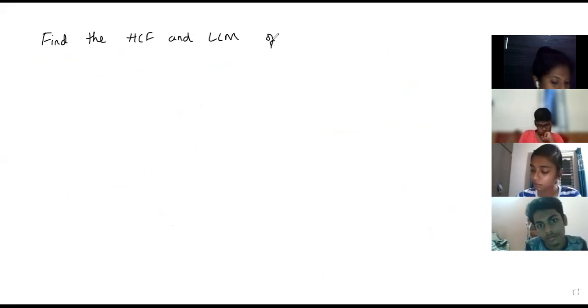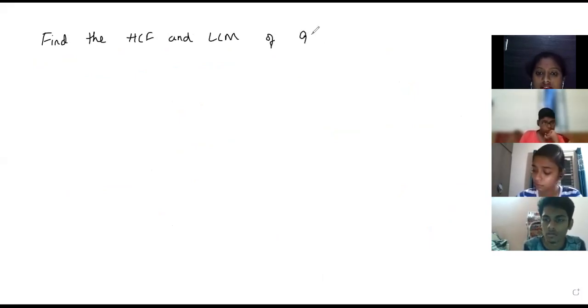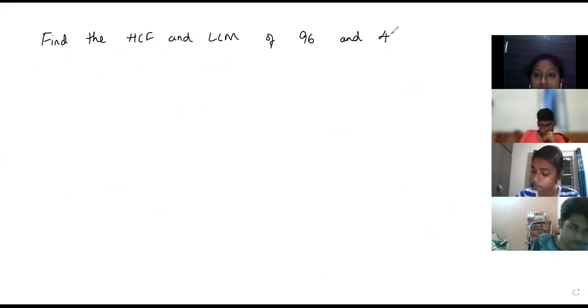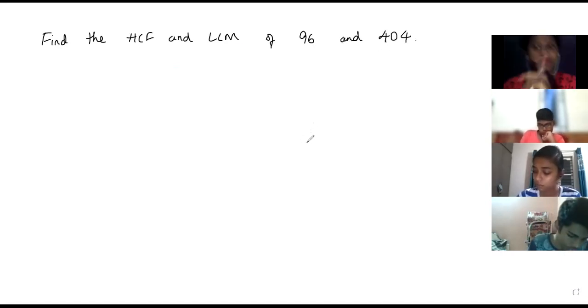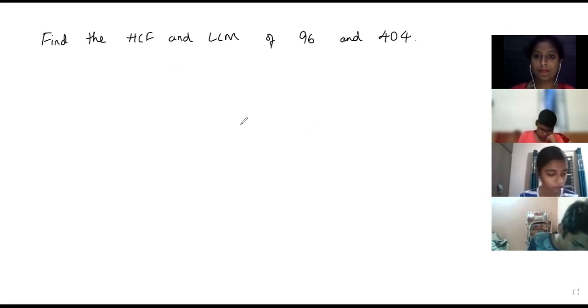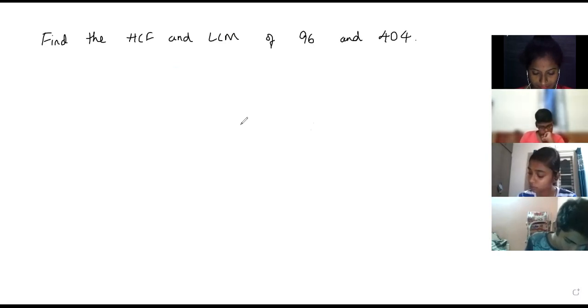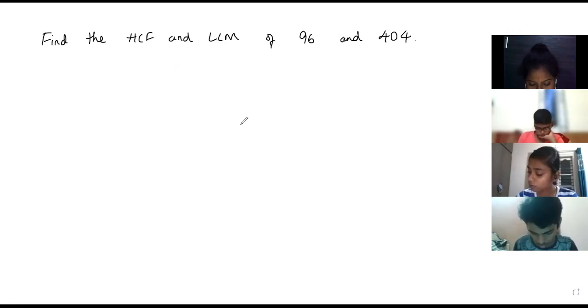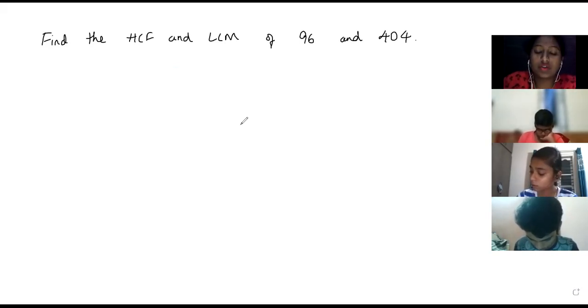Find the HCF and LCM of 96 and 404 using the fundamental theorem of arithmetic, which means that you have to use only prime factors. I want everyone to solve.